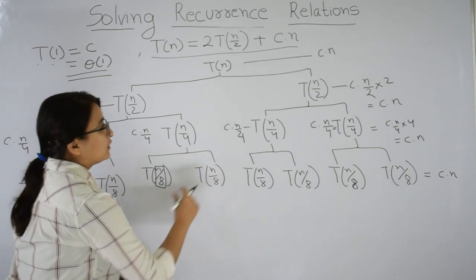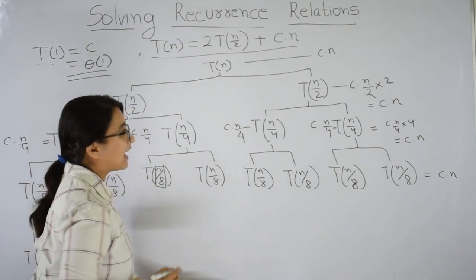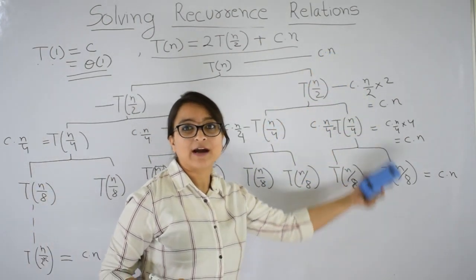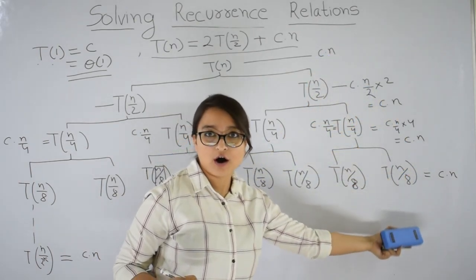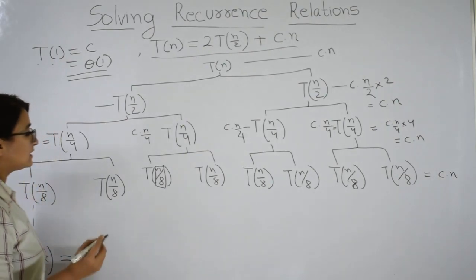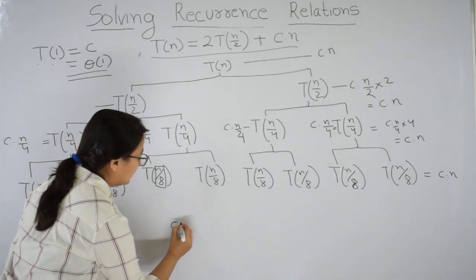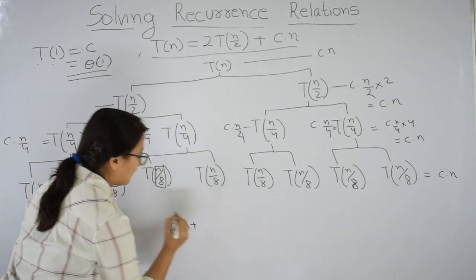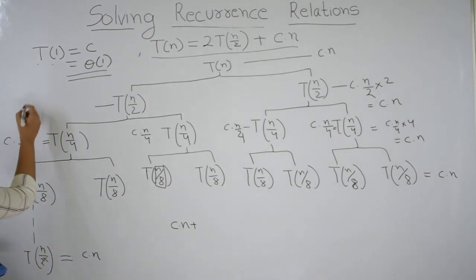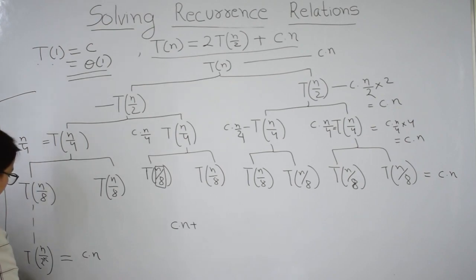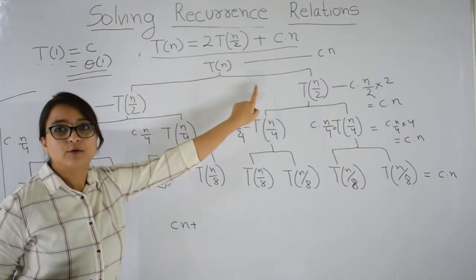So how many times do you have this c into n? We have to count the number of times this c into n is occurring. So how many times is c into n occurring? It is occurring c into n plus, this is log n from here to here, right? We have log n number of steps and this is one more step.